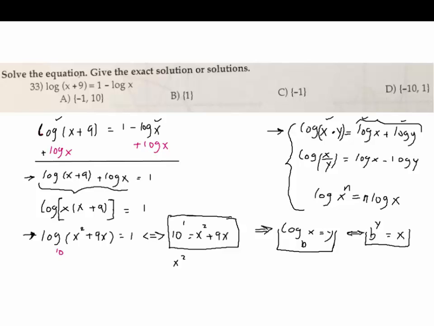So that should be easy, right? You got x squared plus 9x, subtract 10, move everything to one side of the equation. Now can somebody tell me what would be the next step? How do you solve for x? That should be easy, right? Is this factorable? It's factorable, right?